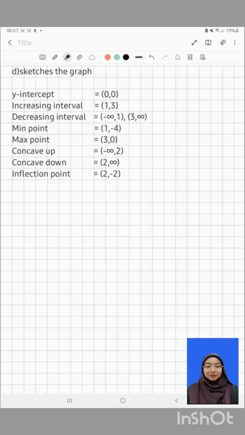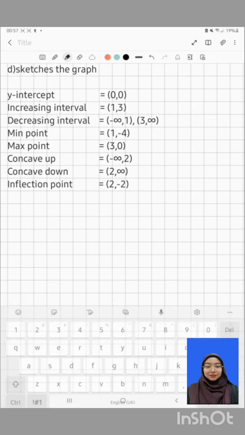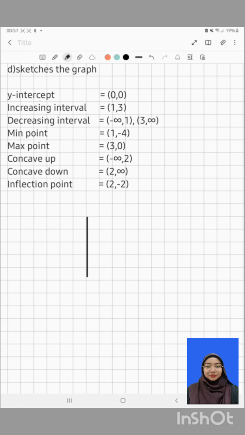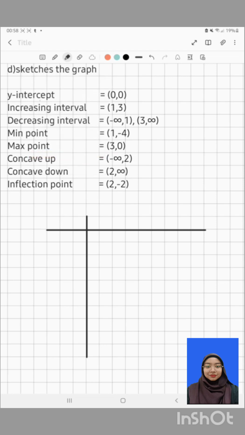So right now we will draw the x-axis and y-axis. So this is y or f(x), and this will be x.